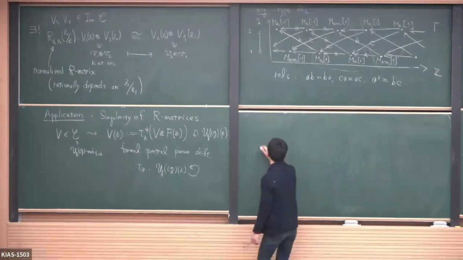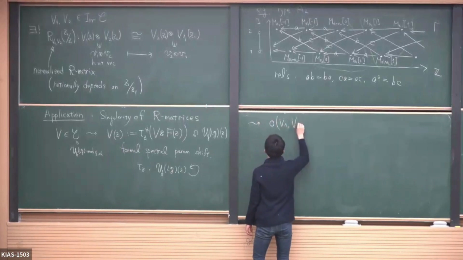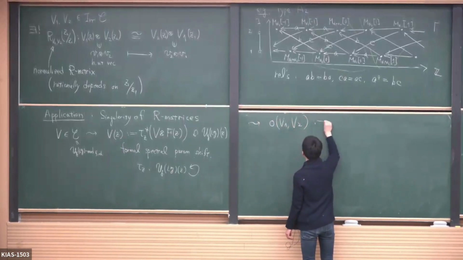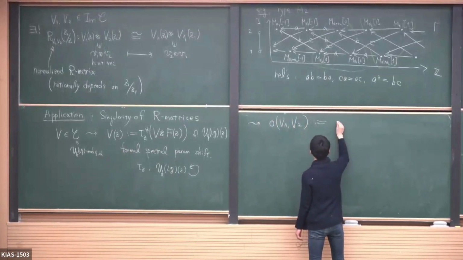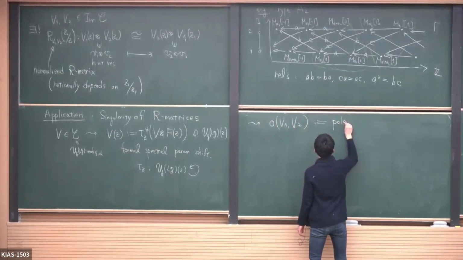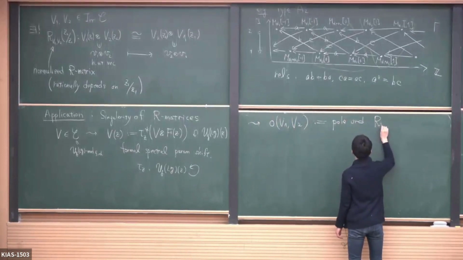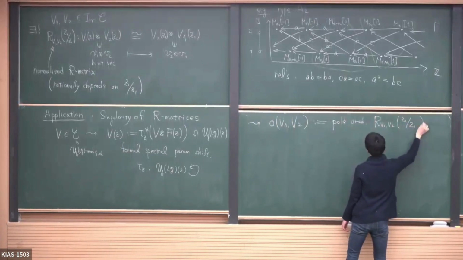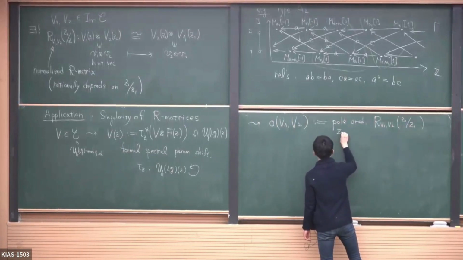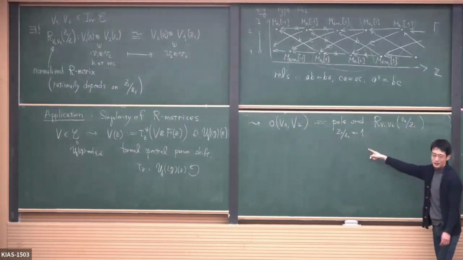And by using normalized R matrix, we can define the numerical invariant for a pair of representations, which is the pole order of R matrix at this ratio of spectral parameters at 1.